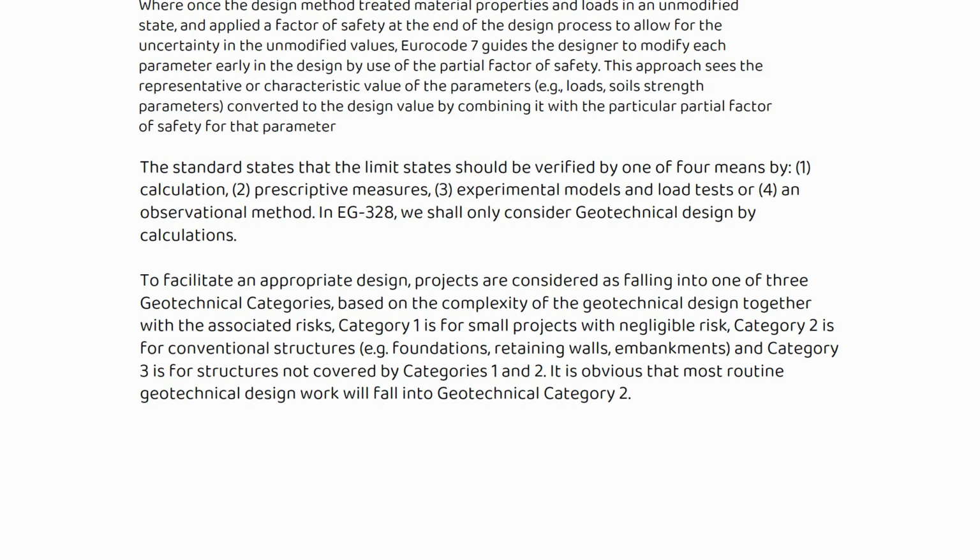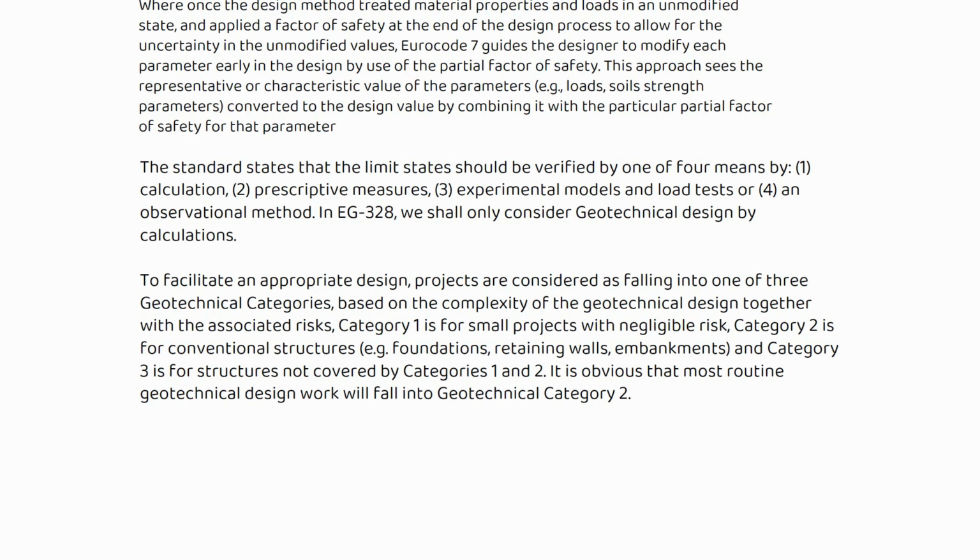Now, to facilitate an appropriate design, projects are considered as falling into one of three geotechnical categories based on the complexity of the geotechnical design together with the associated risks. Category 1 is for small projects with negligible risks.